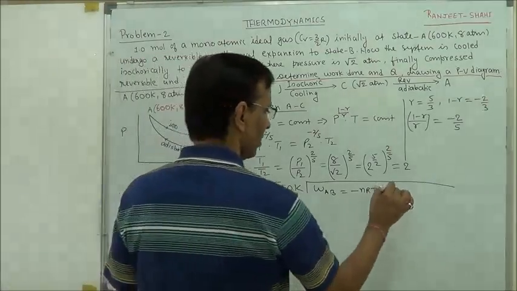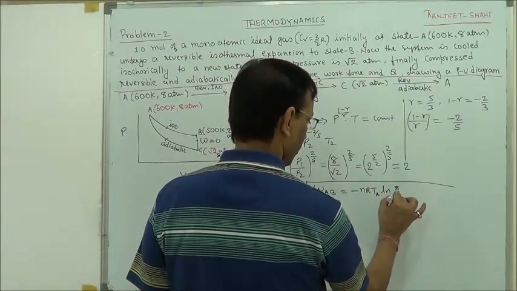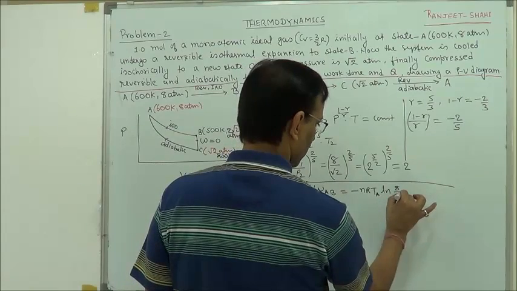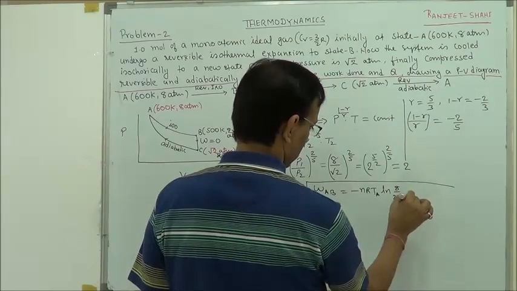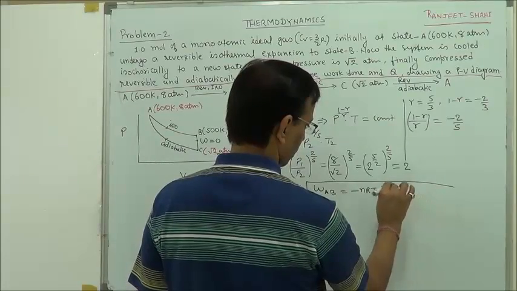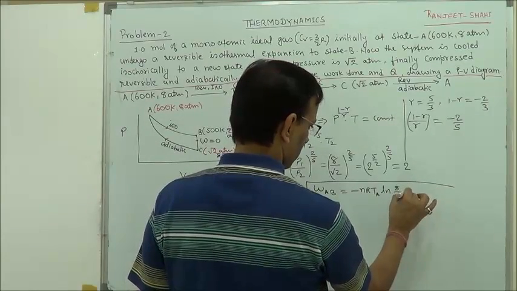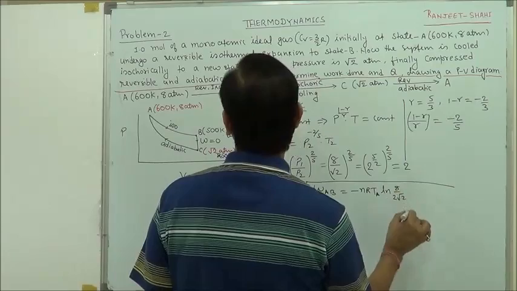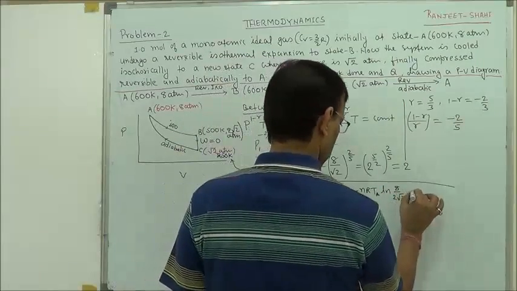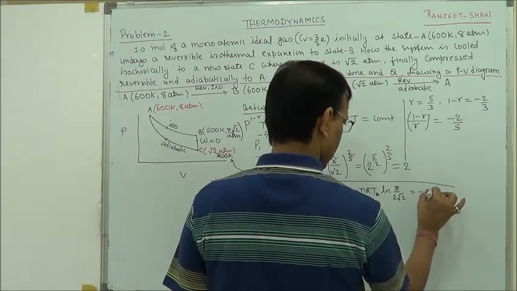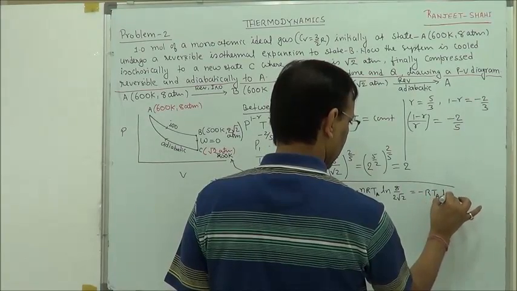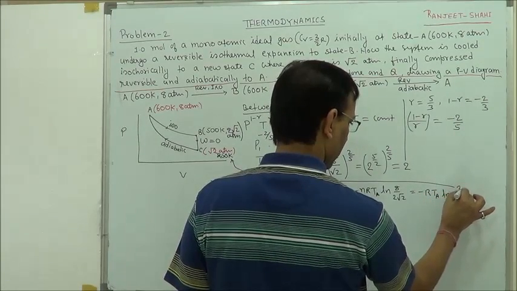P1 is 8 upon P2, 2 root 2. So it is 4 upon root 2, 2 root 2. So 2 raised to the power n is 1. So it is minus R T A ln 2 raised to the power 3 by 2.